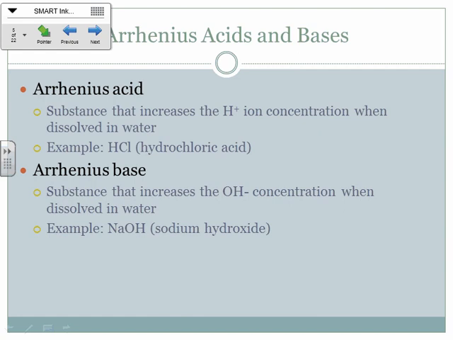And Arrhenius basically said that anything that increases the H+ ion concentration when dissolved in water is an Arrhenius acid. So an example of that is hydrochloric acid, because you put HCl into water, and as soon as you do, it splits apart into H+ and Cl−.